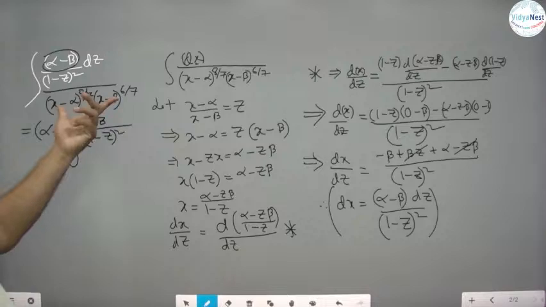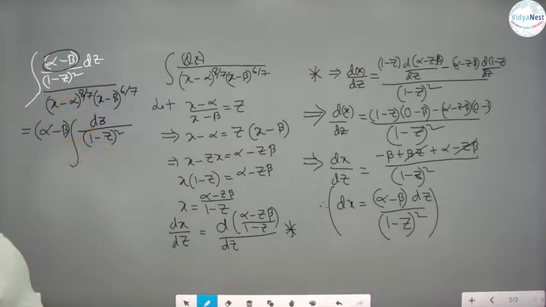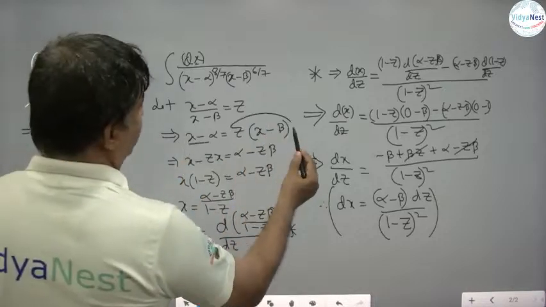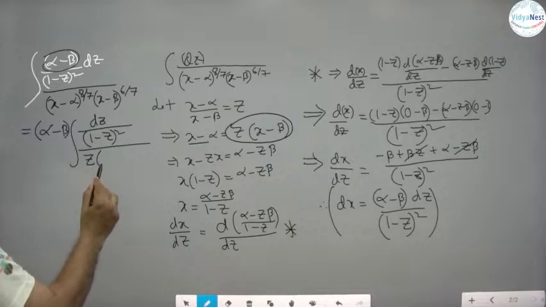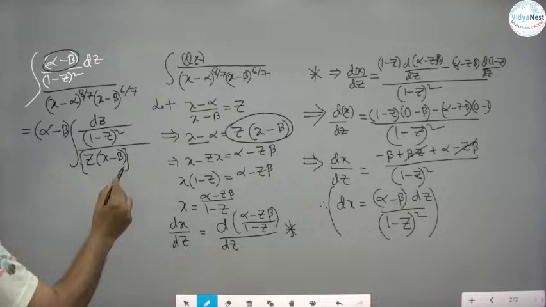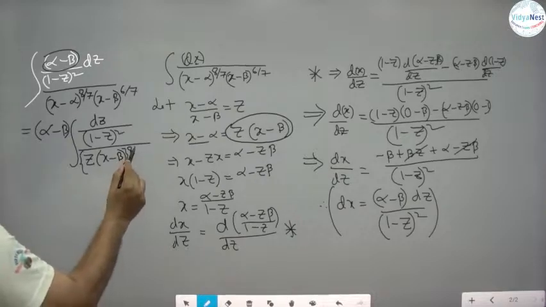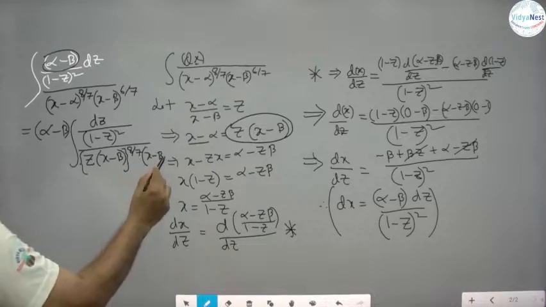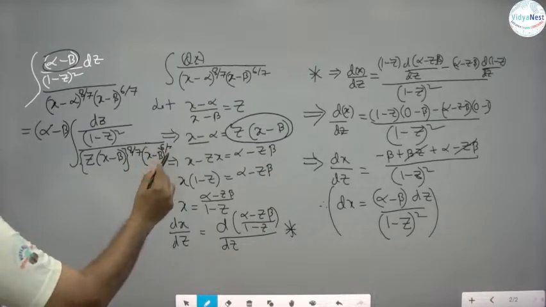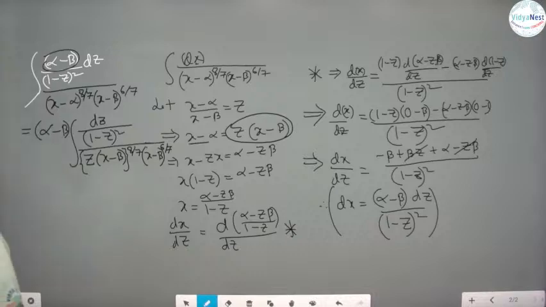Now, what about this denominator? Can it be simplified? Yes, because in place of x minus alpha, you put this z whole to the power 8 by 7 into x minus beta to the power 6 by 7. Okay. So this thing, maximum simplification is done.